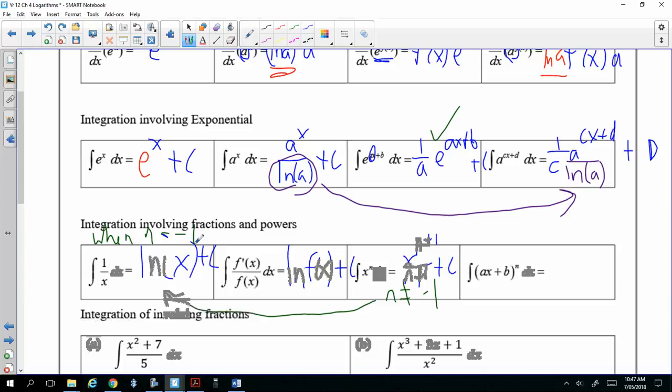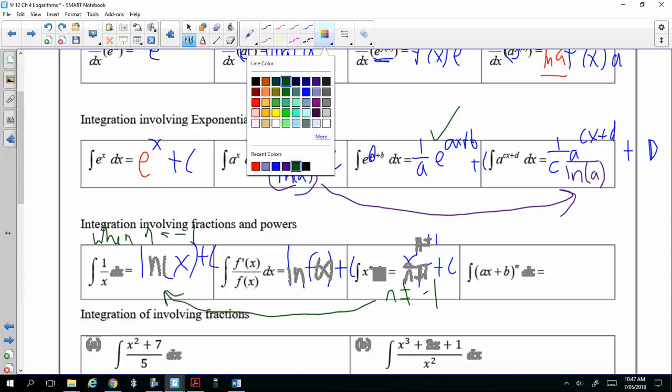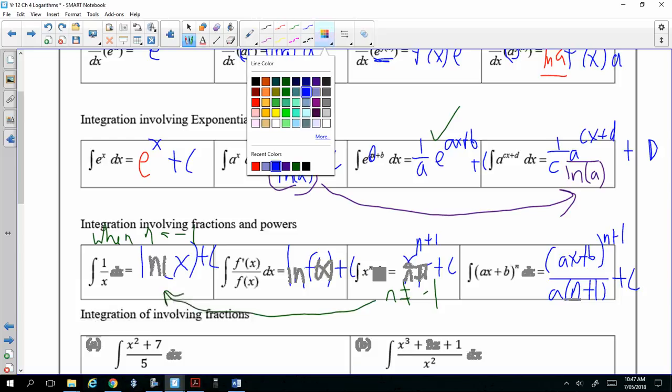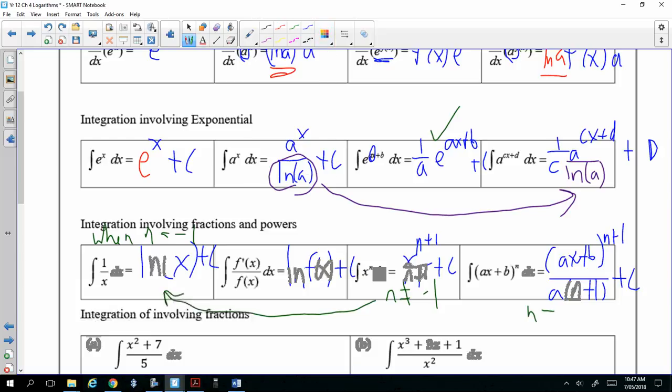So we're going to write this as ax plus b to the power of n plus 1 over a times n plus 1, plus c. Okay. Again, there's an exception: n cannot be negative 1 as well. If it's negative 1, you probably have to use this rule as well. So you have to write it in the form of f dash over fx.